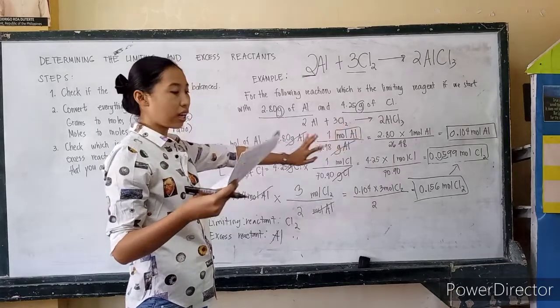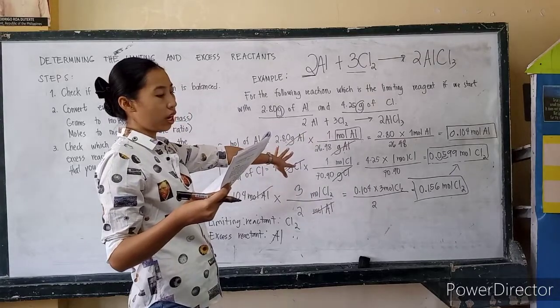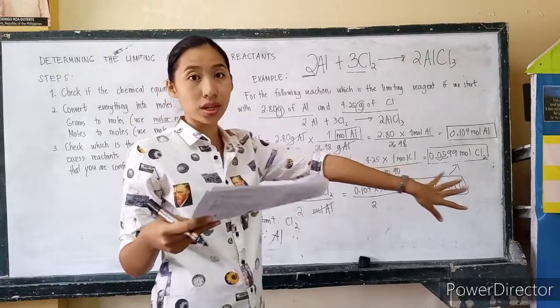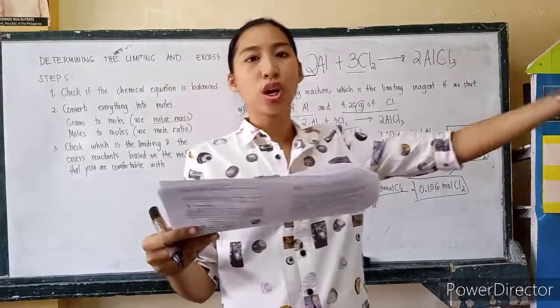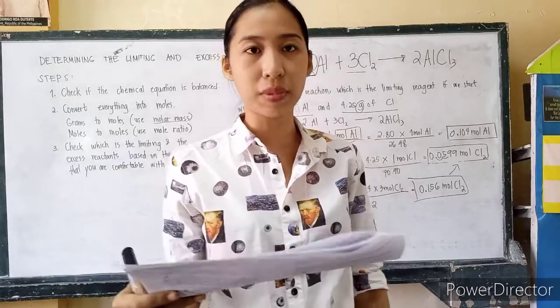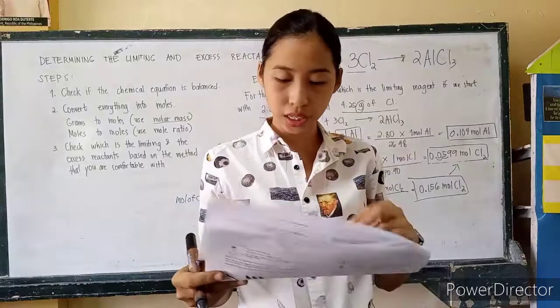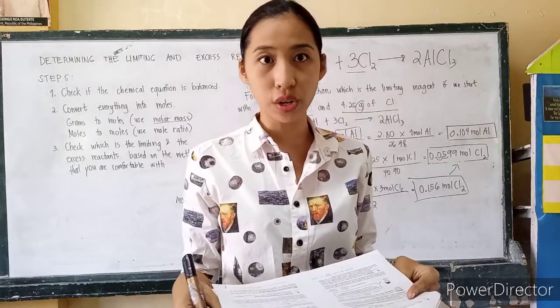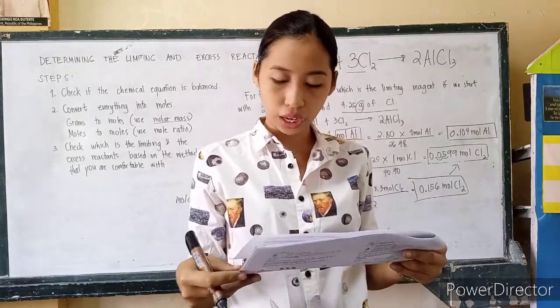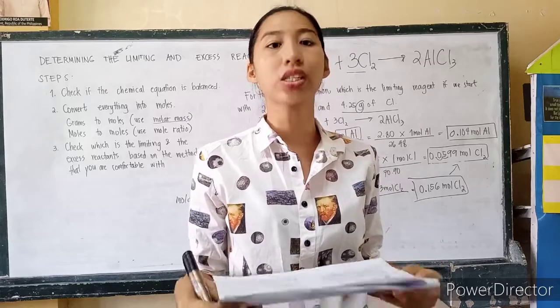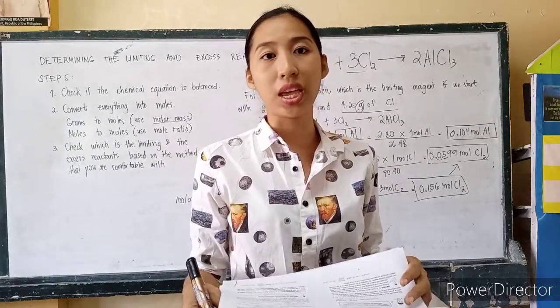In activity 1, what's more, the moles are already given, and you just choose whether it is the limiting reactant or the excess. Okay? Next parts would be calculating the theoretical yield, and then after that, calculating the percent yield.